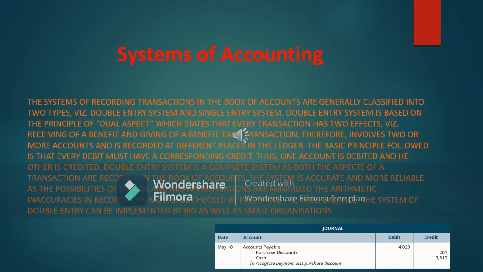Arithmetic inaccuracy in the records can mostly be checked by preparing the trial balance, which we will study further. The double entry system can be implemented by big as well as small organizations.